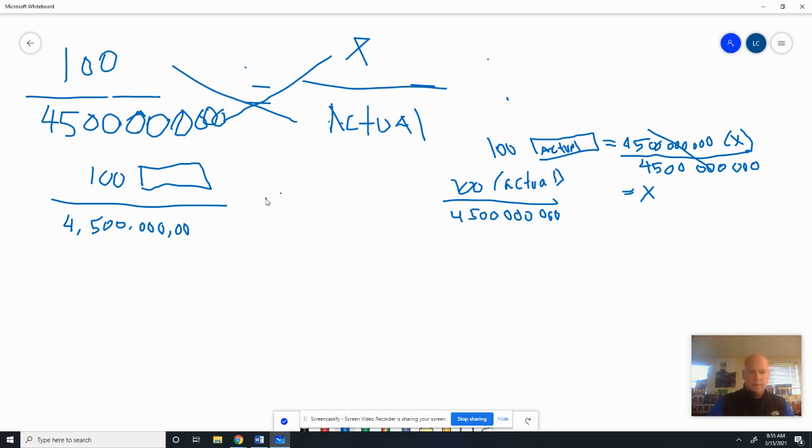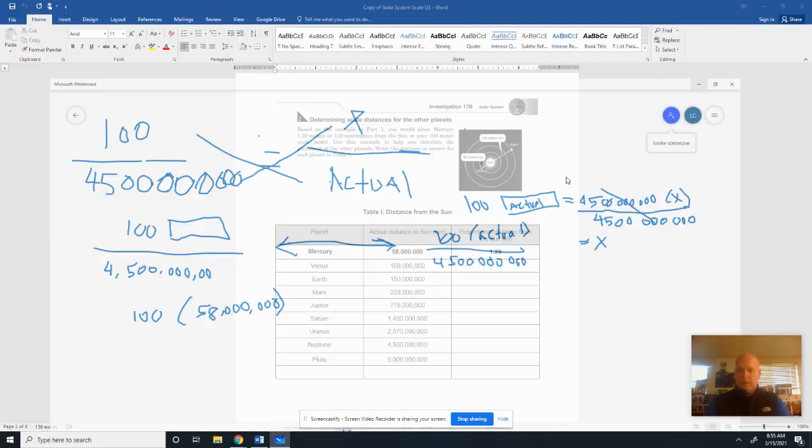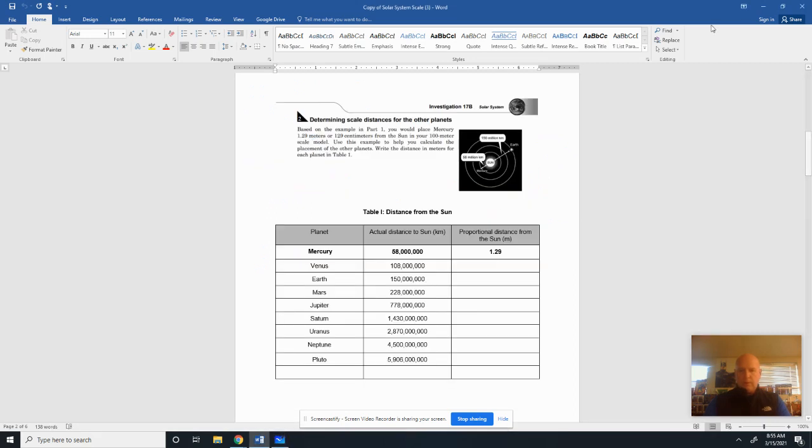It's the same as this one right here. See that? They're the same. So let's plug in an actual number. It gave us Mercury, so I say 100 times Mercury, which was 58 million. Let me double check that. 58 million, I was right.